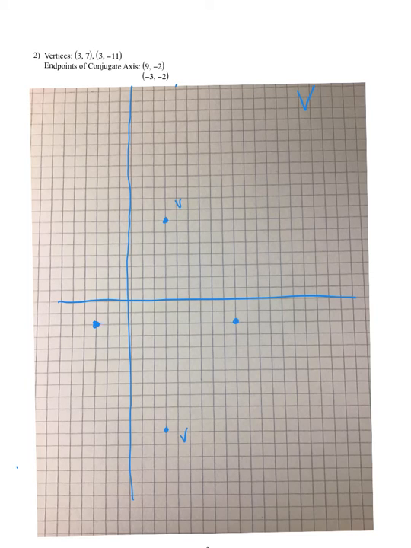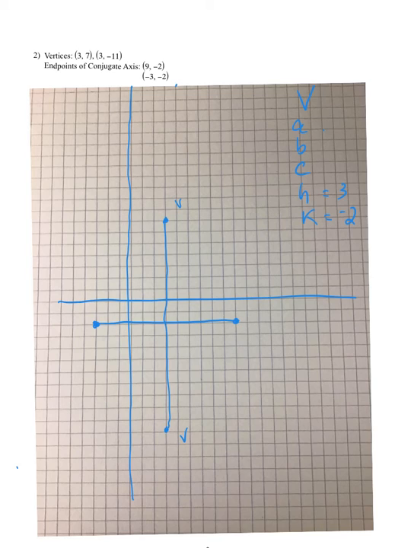So when I draw a line between these 2 points, it's going to give me the center. Graphing is easy. If not, you just do the midpoint formula. It doesn't matter. So we have a, b, c, h, and k, and it's 3 and negative 2 is the center.